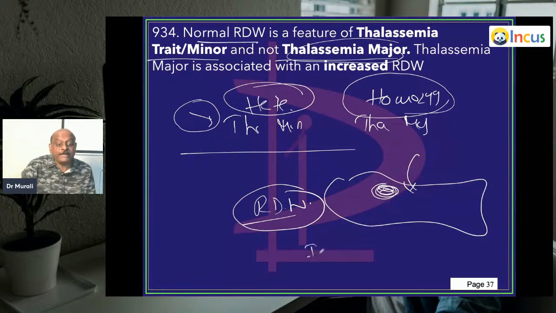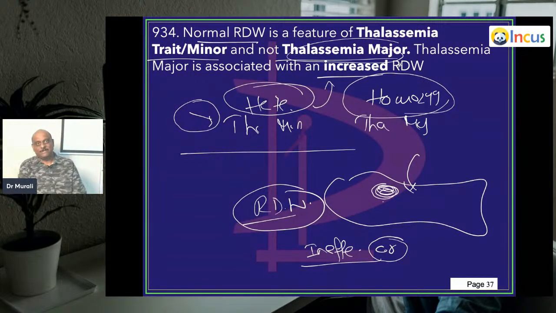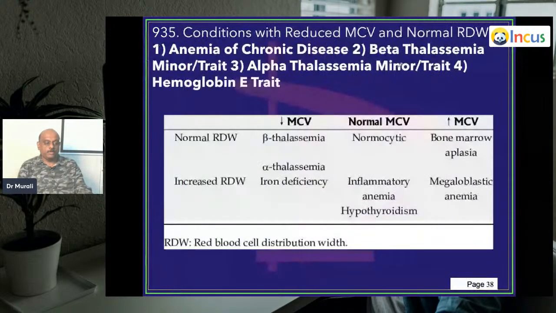That's called ineffective erythropoiesis. And that intramarrow hemolysis will lead to more production. That leads to increased RDW if it is thalassemia major. So iron deficiency anemia and thalassemia major both lead to increased RDW, but thalassemia minor will lead to normal RDW. That is what you have to ultimately remember.